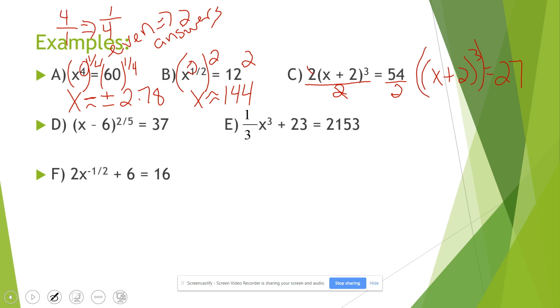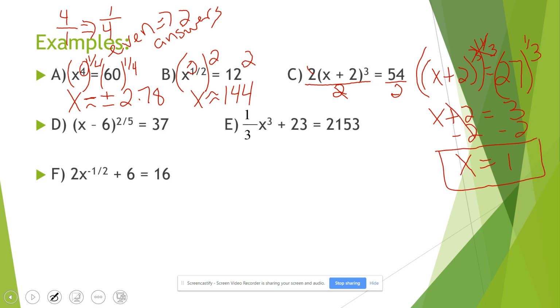And the reciprocal of 3 is 1/3. So x plus 2 comes out of the parentheses, and 27 to the 1/3 power is 3. Subtract 2 to finish getting x alone, and we get x is equal to 1.